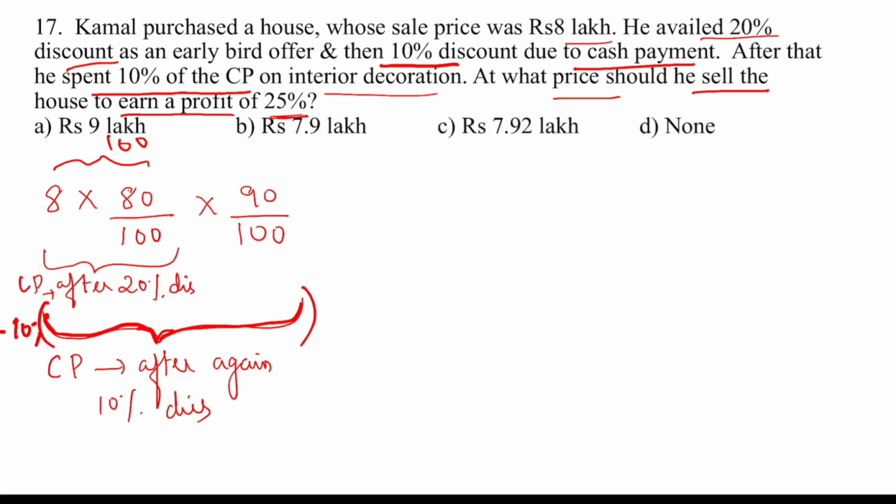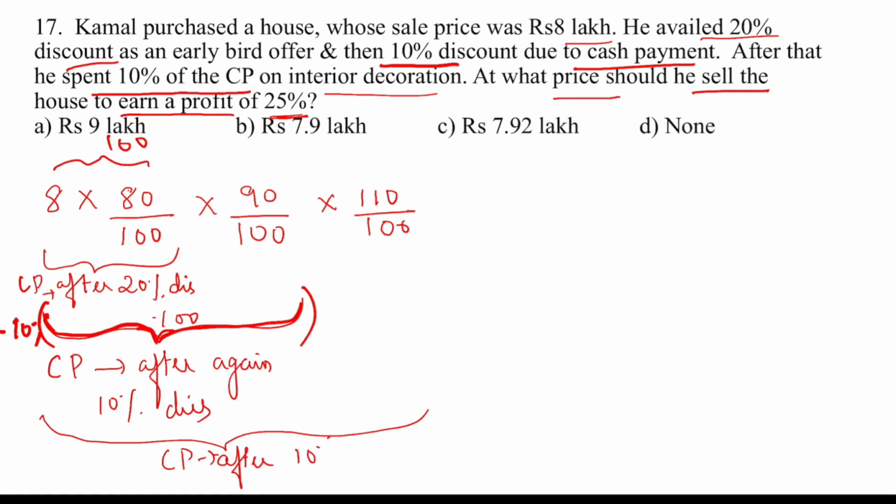If this whole thing is 100, then with 10% added it will be 110, because he's spending again. 110 divided by 100. So now this will be the total cost price for him after spending 10% on interior decoration.